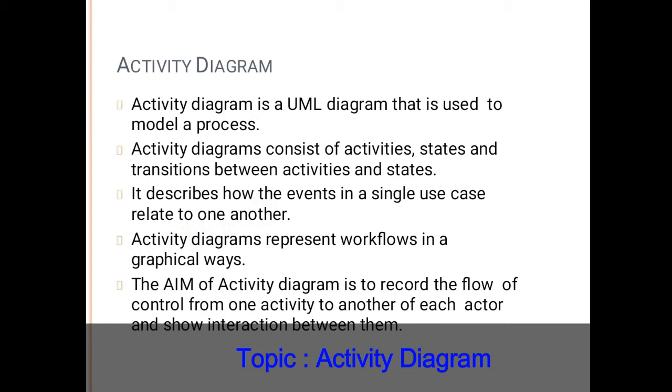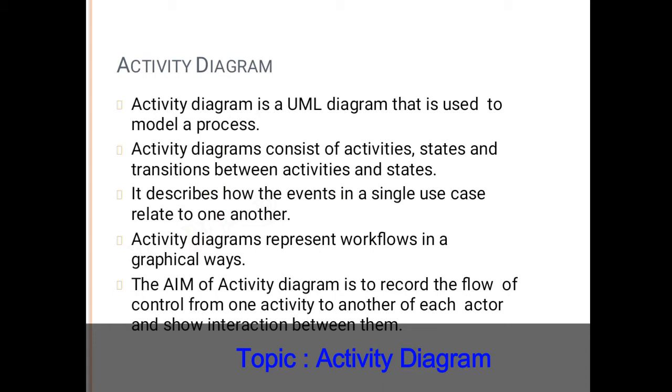The aim of an activity diagram is to record the flow of control from one activity to another for each actor, and to show the interaction between the user, as we can also say client or employee, and the system. Suppose I give the example of a bank ATM system.